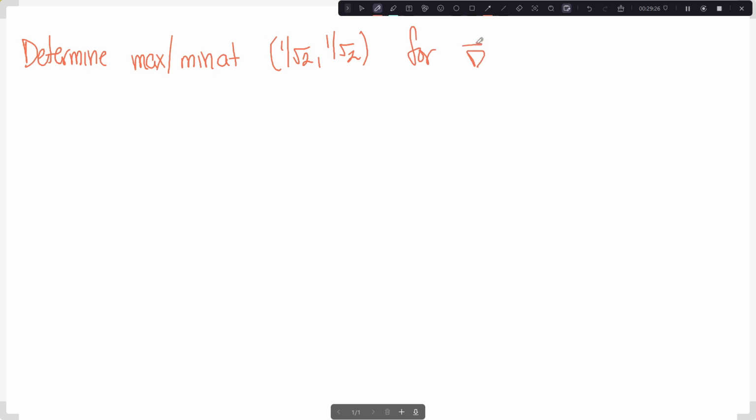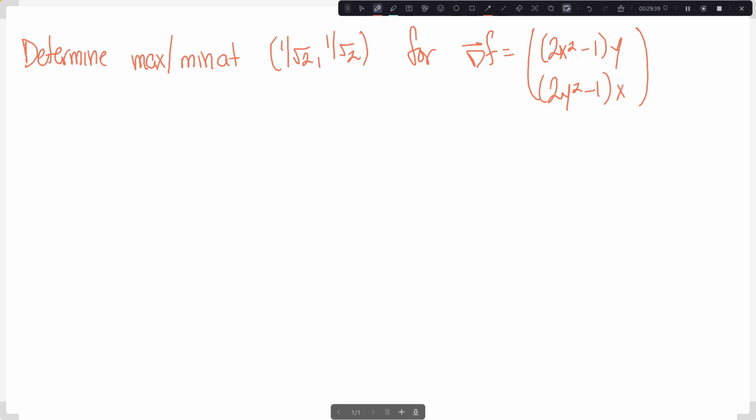At the whiteboard, we determine max or min at 1 over root 2, 1 over root 2. For this, we'll recall what nabla f was. It was 2x squared minus 1 times y, 2y squared minus 1 times x.